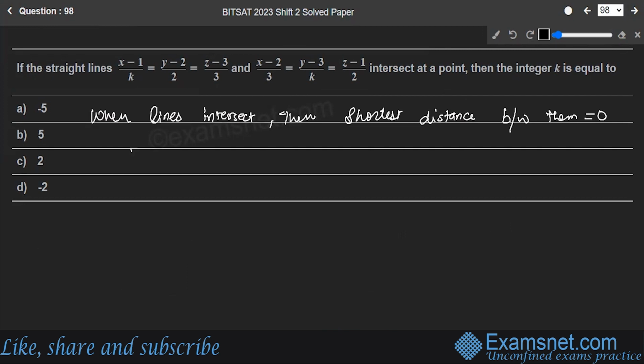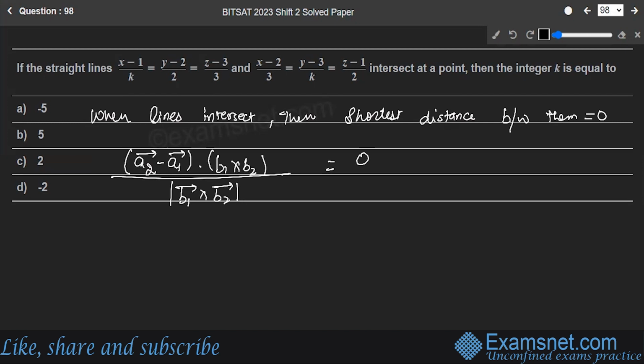Right. So that means if I take A2 minus A1 dot B1 cross B2 divided by the modulus of this, it is equal to 0.